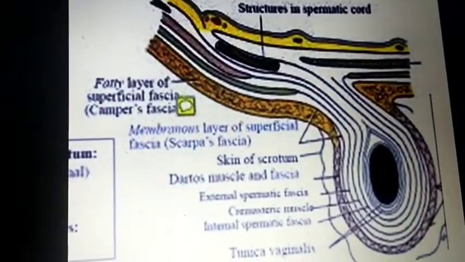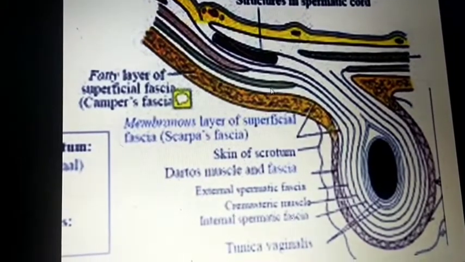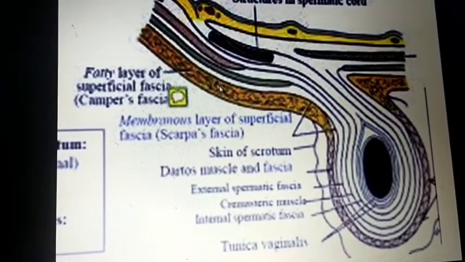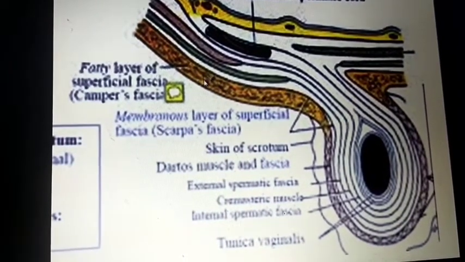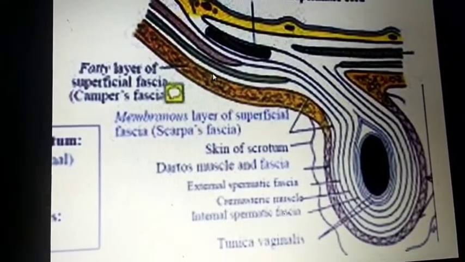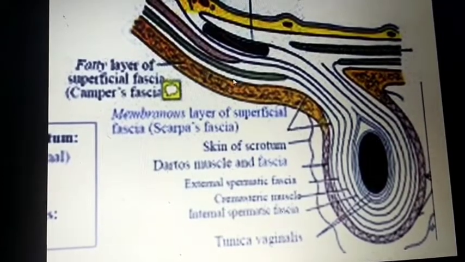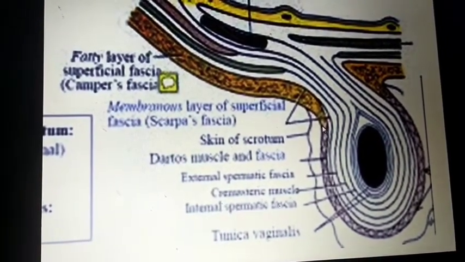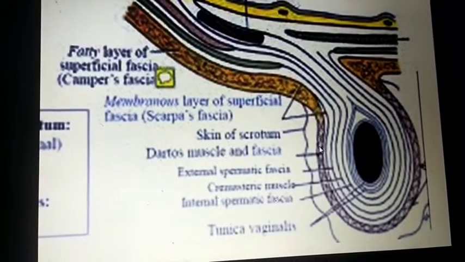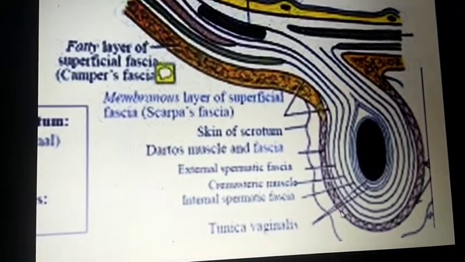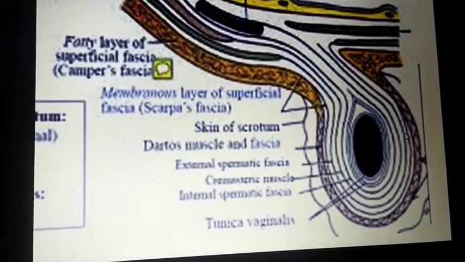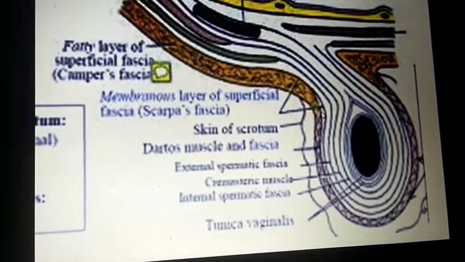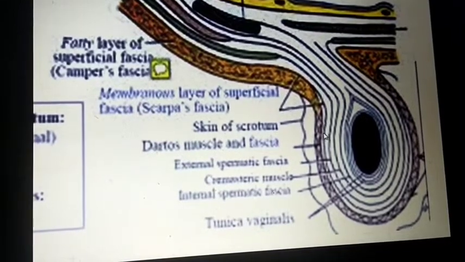In this picture you can see this is the skin, this is the fatty layer of the anterior abdominal wall, and in that the Camper's fascia. It also forms the what? Dartos muscle. Okay, you can see here. And this is the fascia of Scarpa that forms the what?